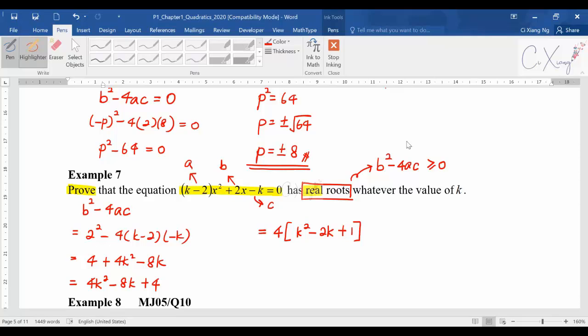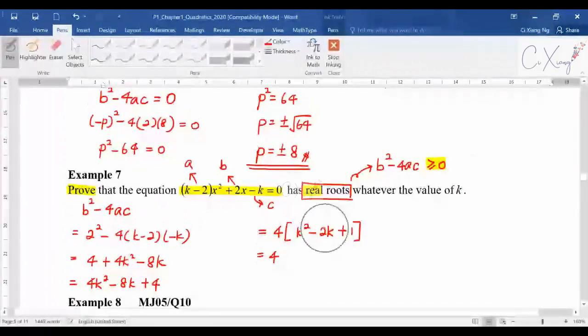Usually with any question where they want you to prove that something is always positive, or greater than or equal to 0, or maybe more than 0, generally you have to try to link your solution to something with a square. What's the meaning of something with a square? Let's say I don't do anything to the 4, but you can see that k squared minus 2k plus 1 can be factorized as k minus 1 and also k minus 1.